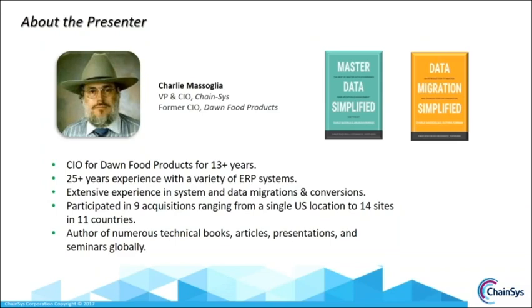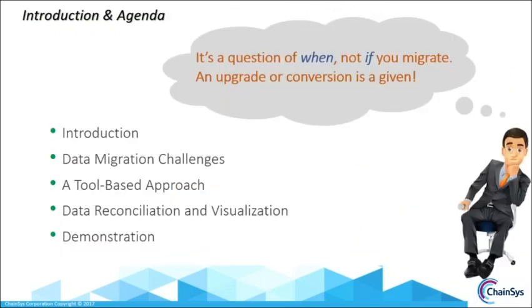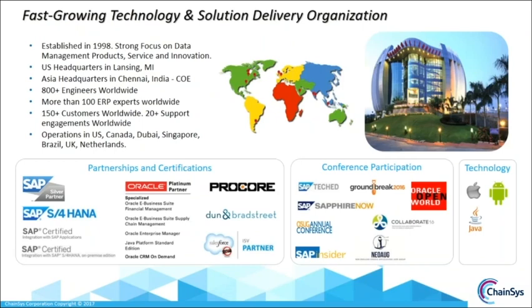He's done over 10 acquisitions ranging from a single location to multiple sites and countries. As we mentioned, he's the author of our books. Here at ChainSys he is a Vice President and CIO, and without any further ado, I'd like to pass the baton to Charlie and have him run through a quick presentation. Again, if you have any questions, please type them in.